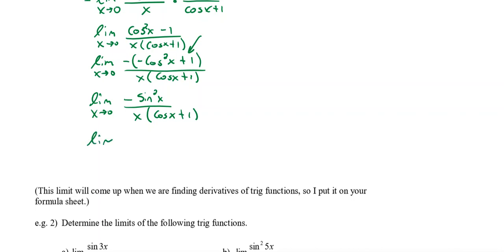So let's rewrite this now as the limit as x approaches 0 of negative sine x over x times sine x over cos x plus 1. Hopefully you can see that: I just split that sine squared x up, and had the 1 over this x, that's that one. And then the other sine x was over this one.